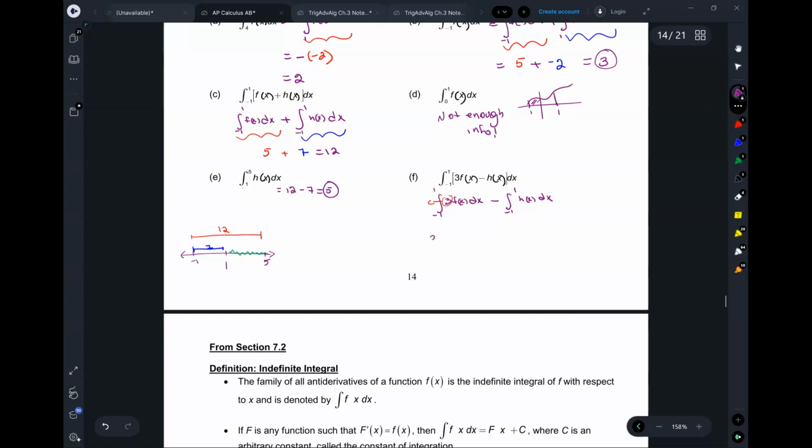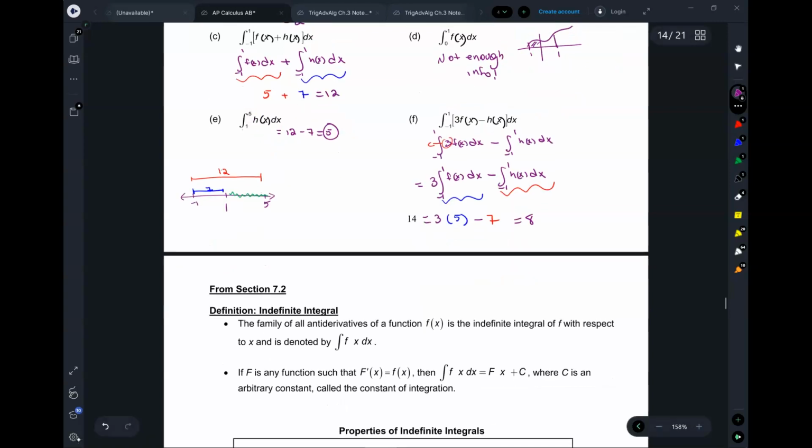So we get 3 times the integral from -1 to 1 of f of x dx minus the integral from -1 to 1 of h of x dx. Now, do I have those quantities given to me? I actually do. So this is 3 times this quantity up there, which is 5, minus this quantity up there, which is 7. Together, that makes 8. Okay, that's that.